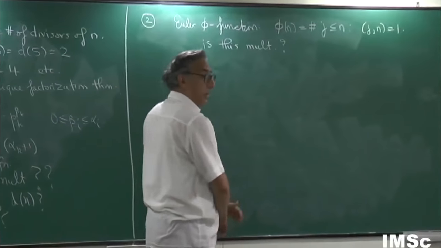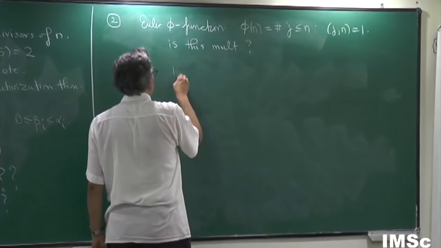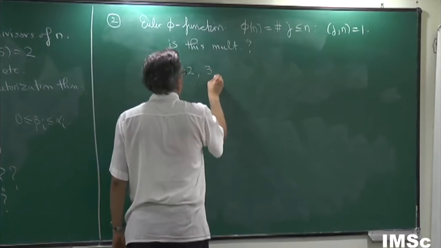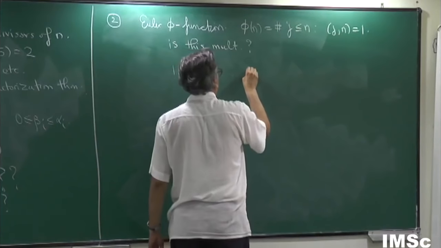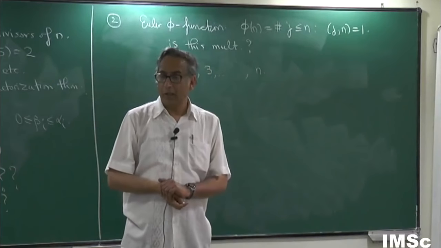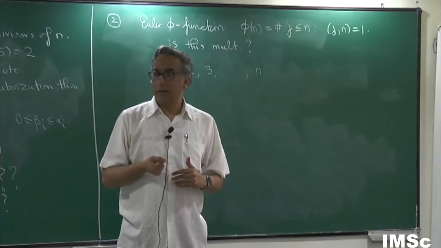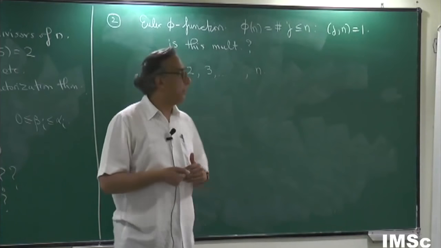So here's a simple way of finding a formula for phi of n. Here I have all the numbers 1, 2, 3, dot, dot, dot, up to n. I'm going to determine the probability that a random element between 1 and n is co-prime to n.